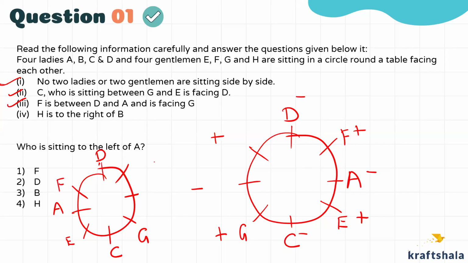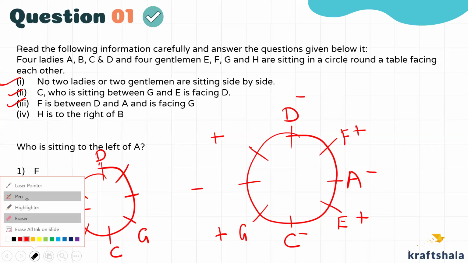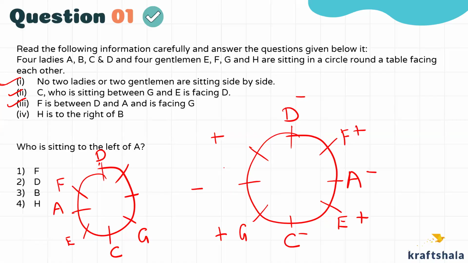Now H is to the right of B. H is to the right of B. So if I mark B here, H is to the left, not possible. H is to the right of B. This is correct.